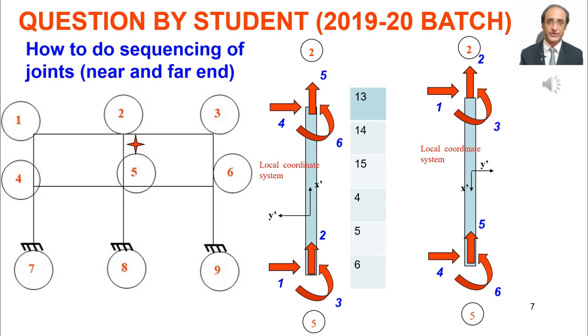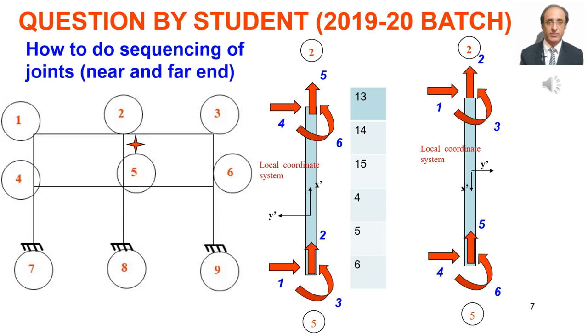Left or right? It has to be towards the right, then only we have the right-handed system where your Z will point towards you. So if you are adopting this, then your first joint is 2 and your second joint is 5.